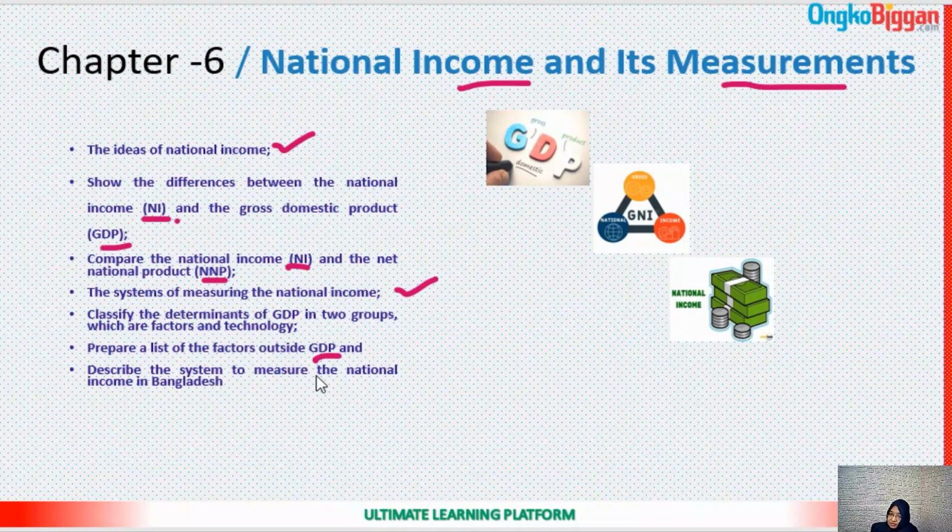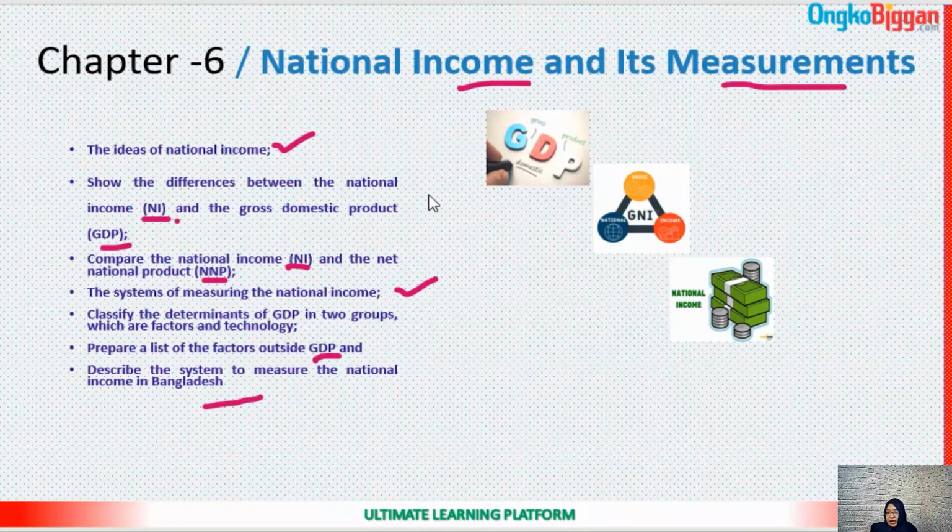Describe the system to measure the national income of Bangladesh. After learning all the systems and the determinants or the factors, we will learn about the measurement system of Bangladesh. How does Bangladesh measure the national income? Okay, what are the systems? So let's begin with this topic.